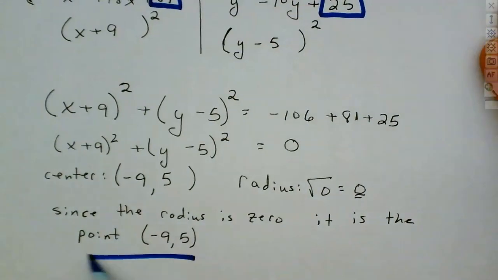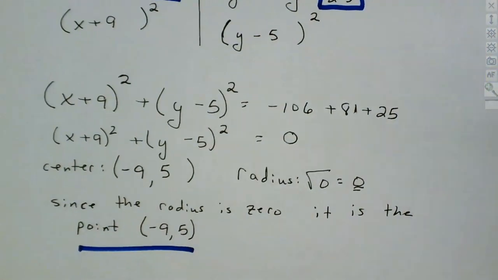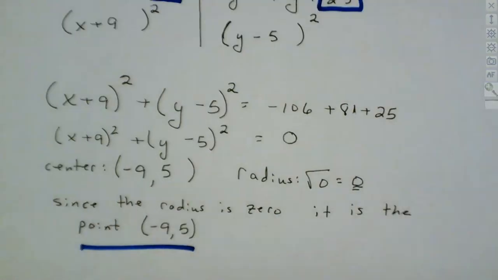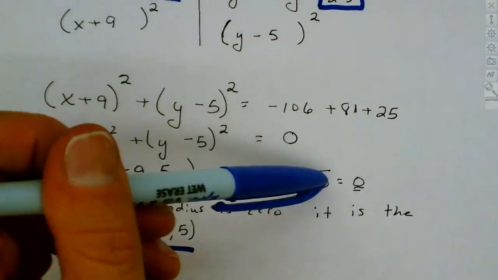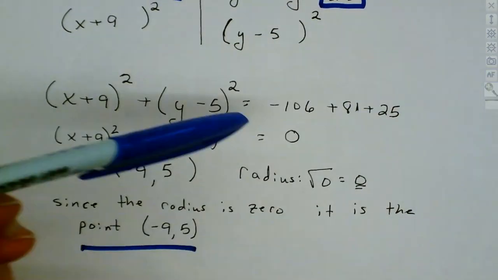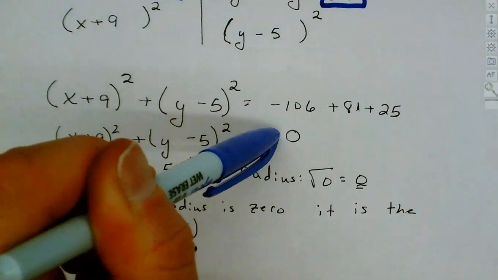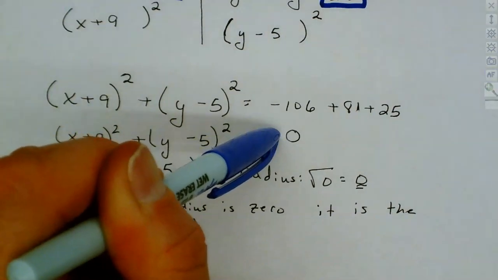So since that radius is 0, it is just going to be the point minus 9, positive 5. Does that make sense on that? Because what you'll do is half and square, put it back together, and if your radius is 0, it's a point. Now, if that would have been a negative number, the graph would be non-existent.